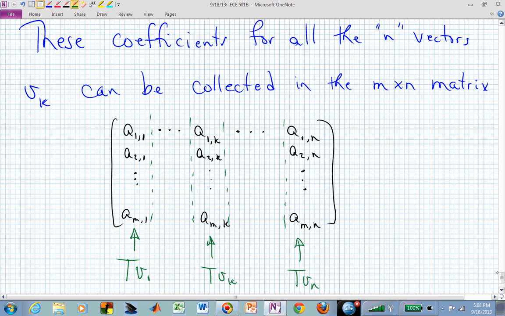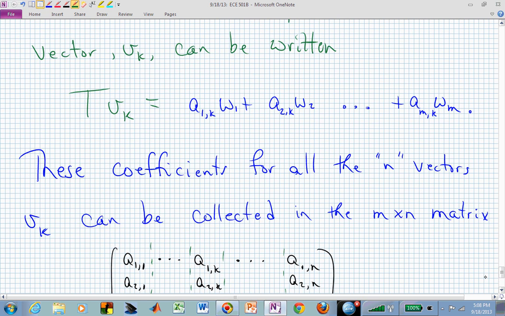Okay, so this is really just saying I have some vector in your codomain. Well, if you have a generic vector in the codomain, that has to be expressible as a linear combination of the basis vectors in the codomain, and that's what the W's were. So now I'm just saying, what did T V1 give me?